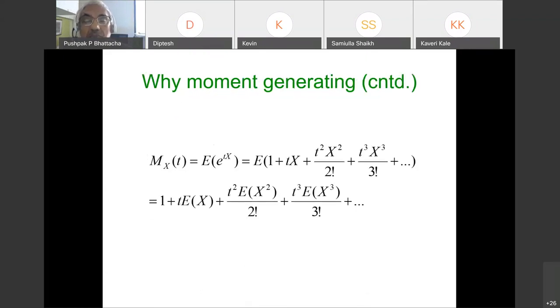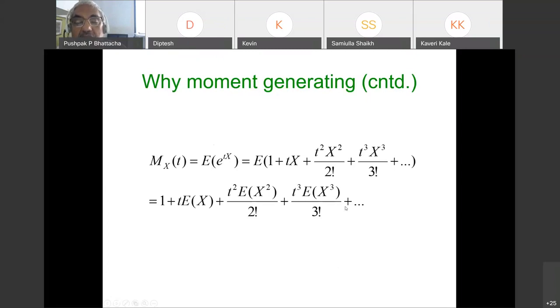This can also be seen by writing the Taylor expansion for e to the power tx. So e to the power tx is 1 plus tx plus t square x square by factorial 2, plus t cube x cube by factorial 3, etc. Now expectation distributes over summation, so the expectation of this quantity is 1 plus t into E[x] plus t square E[x square] by factorial 2 and so on.